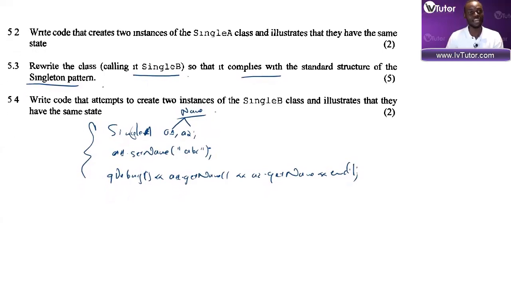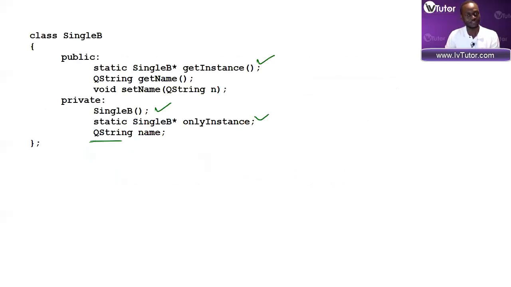Now 5.4: write code that attempts to create two instances of single B and illustrate that they have the same state. In this case, we still have the same state. Why? Because we still only have one instance. So what's going to happen here is I'm going to have single B A1, which is now going to be equal to single B dot get instance, right?